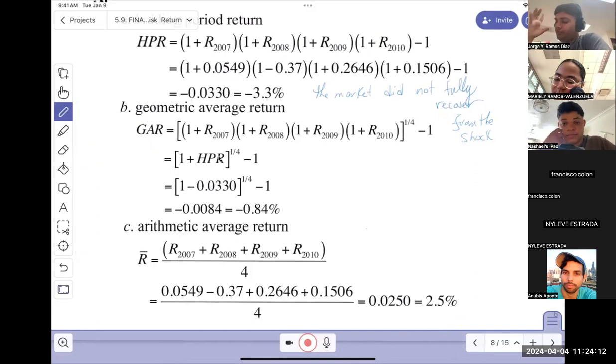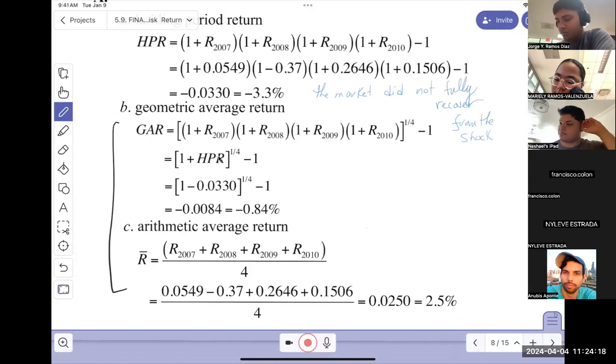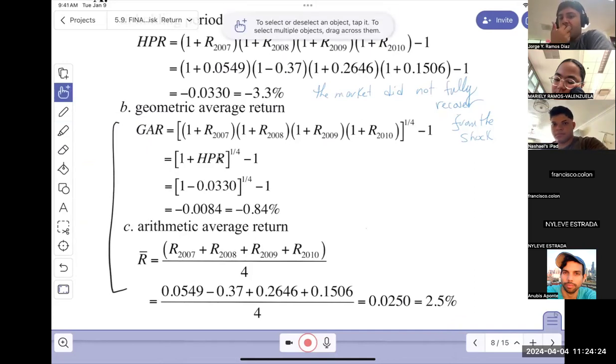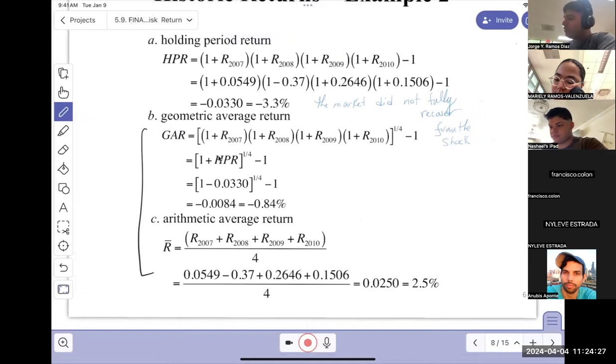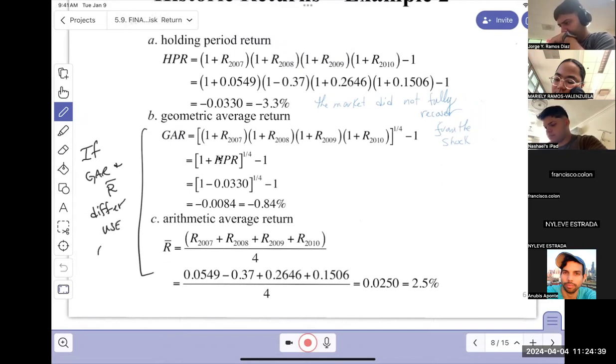For rates, and when data are volatile like they were, it's better to use GAR. So in general, use GAR. Okay, that's going to better reflect the return. Now, one reason is because we're using rates, and this is better because remember we talked about returns or the compounding effect, right?